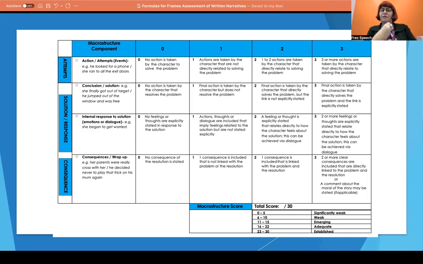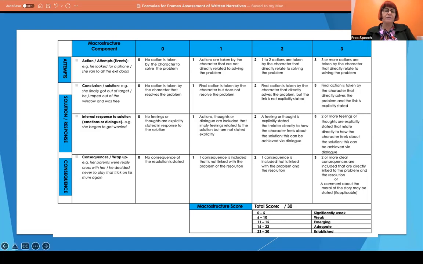There's an internal response, an emotive response, or there's some dialogue. And again, when you're teaching narrative, they're two good places to save the dialogue for. We know that students want to put in a lot of dialogue and sometimes it overtakes the narrative. So if we can say to them, put it in after the problem and after the solution, they're really salient spots to put dialogue in.